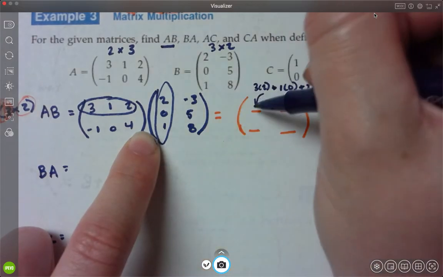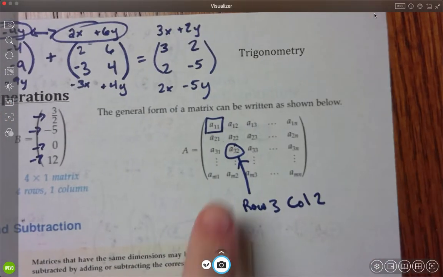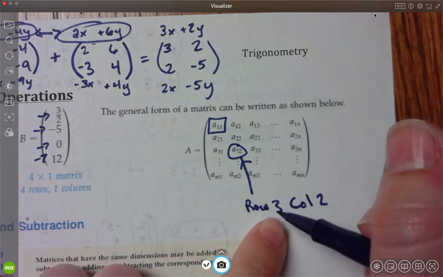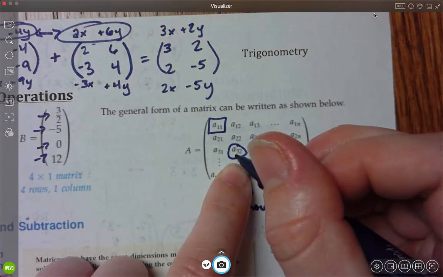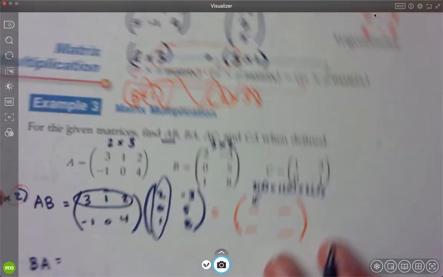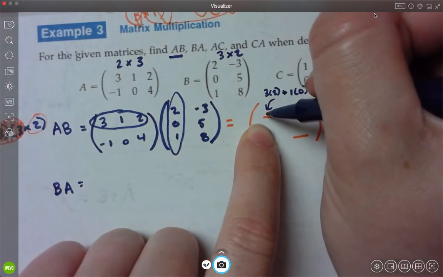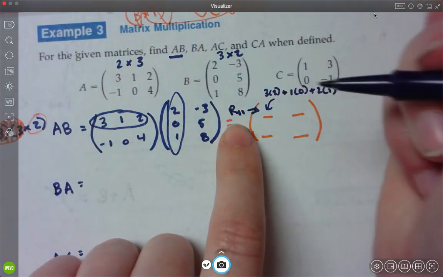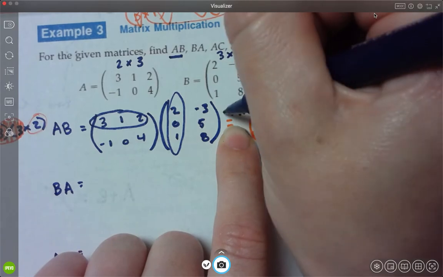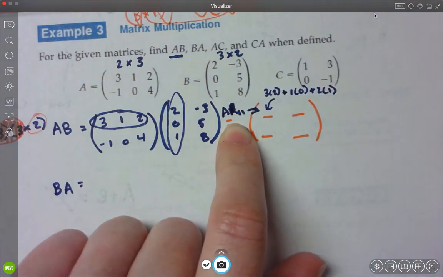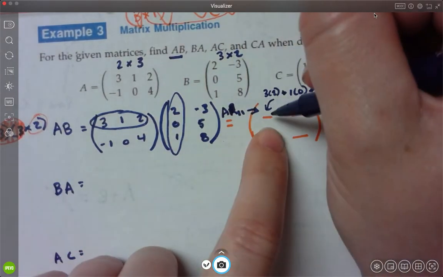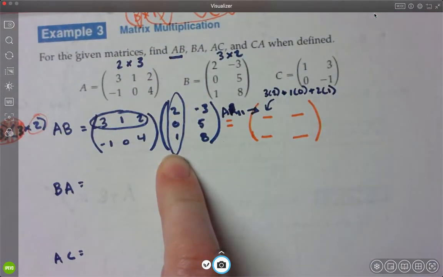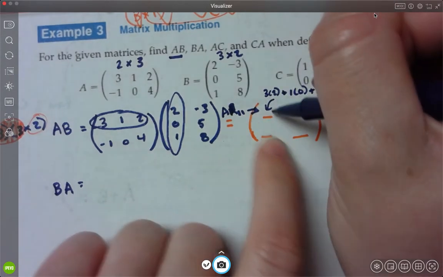Back to this piece, A32 meant row 3, column 2, right? I take a row times a column. So this entry is the first row, and its name would be AB11, because we're multiplying. So 11 means the first row of A times the first column of B, and we add those all together, and that gives me this cell.